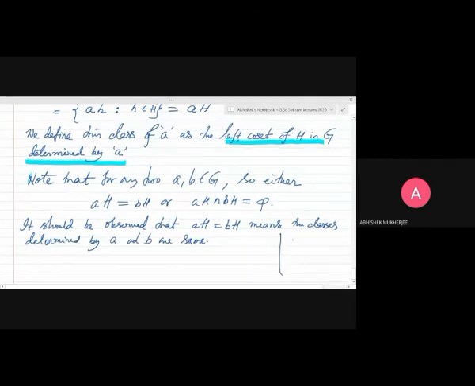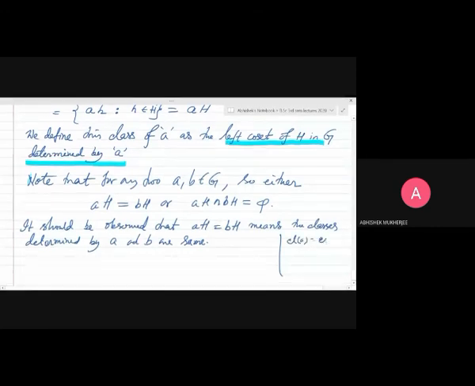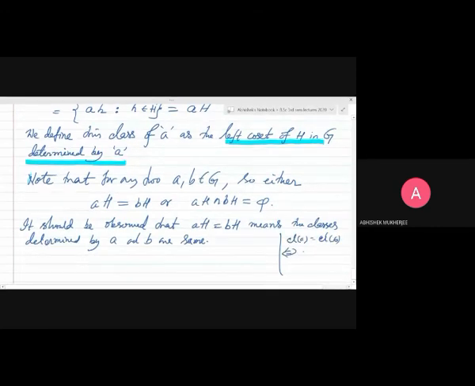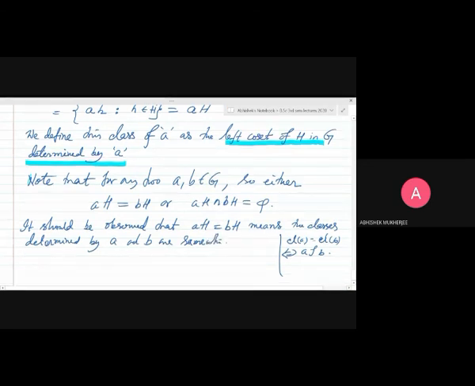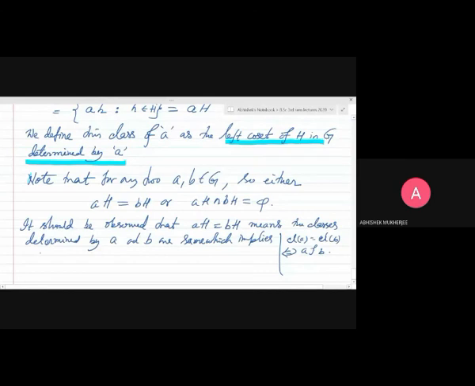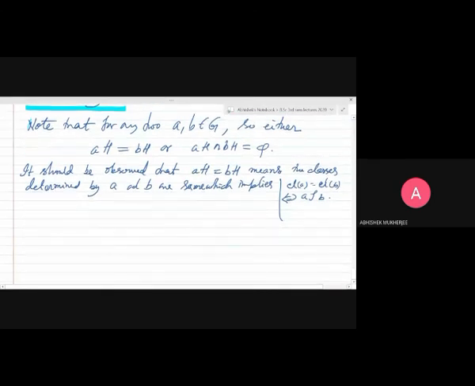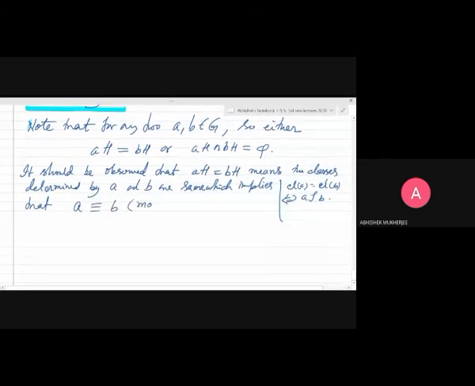Now you have already studied the fact that two classes are the same if and only if they are related, a is related to b, right? So here you can impose the same thing, that a H equals b H means the classes are the same with respect to a and b, which implies that a and b are related. Now here relation means that a is congruent to b mod H.